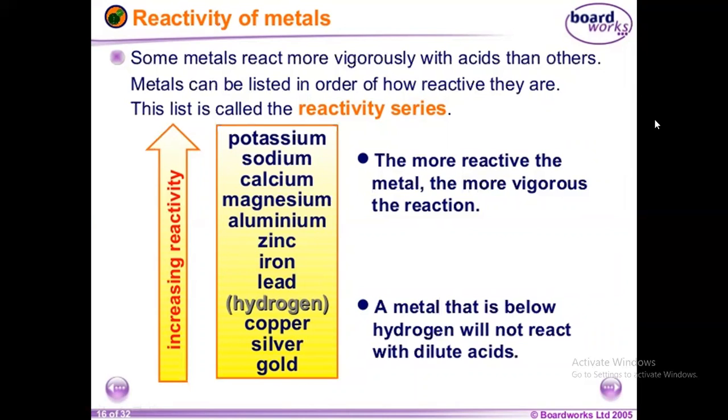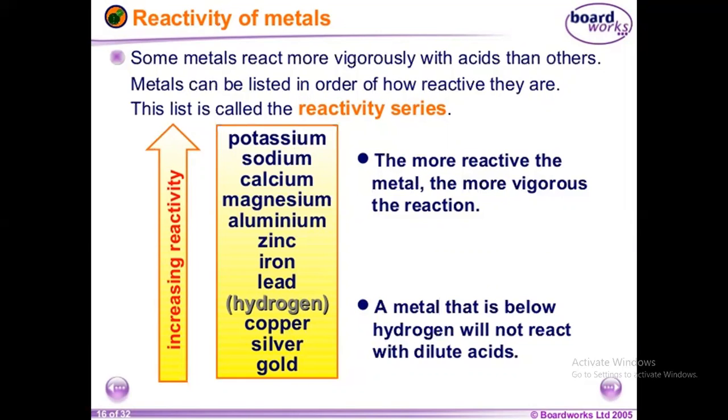So in this series, you will always see the most reactive metals at the top and the least reactive metals placed at the bottom. This list was created experimentally by studying the reaction between metals with water, acids, and air, right?